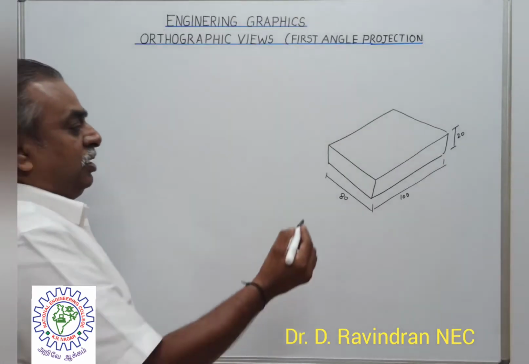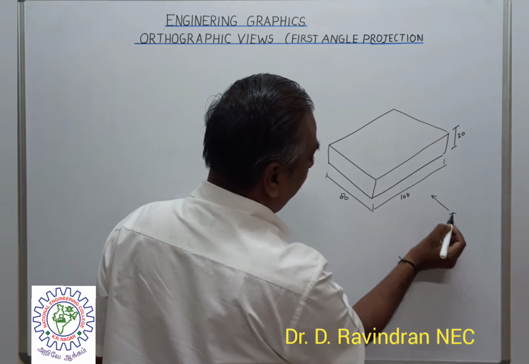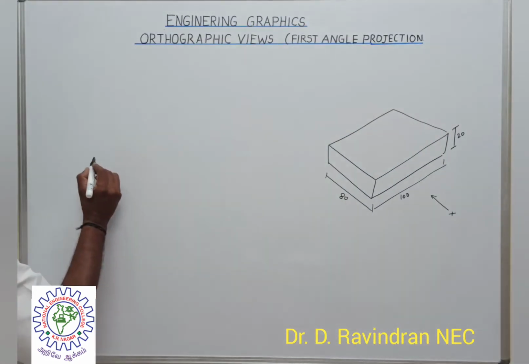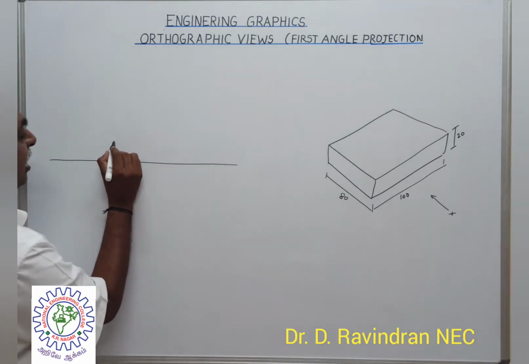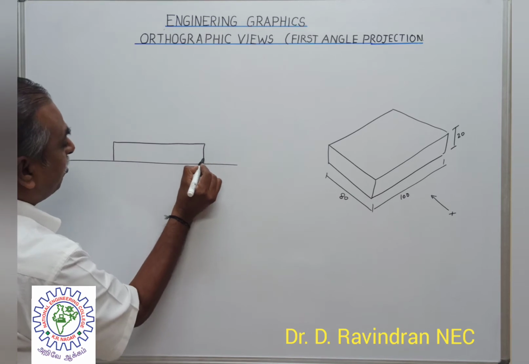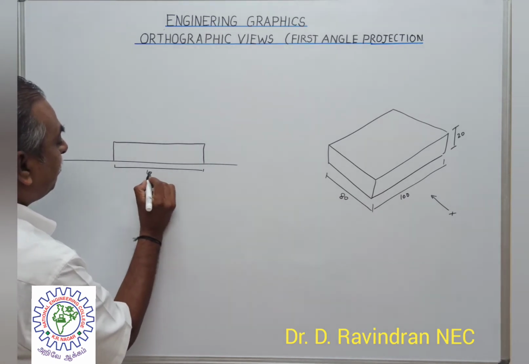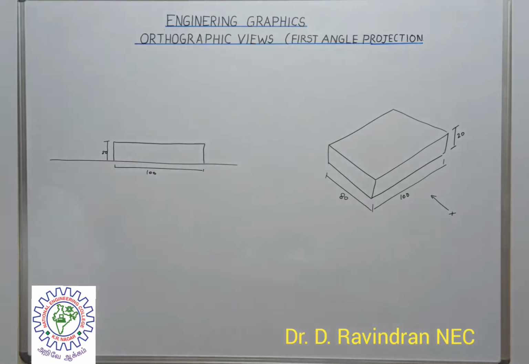For this, the direction has to be given in which direction we have to see for getting the front view. When you see it, the front view will be a rectangle of 20 mm side and 100 mm length. This is 100 mm and this will be 20 mm.